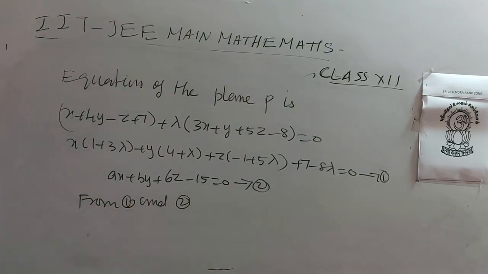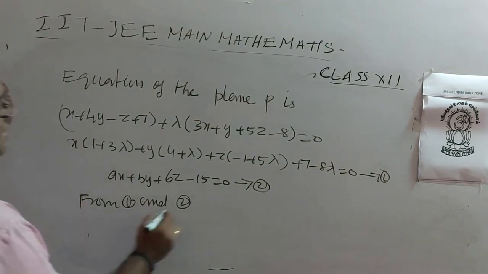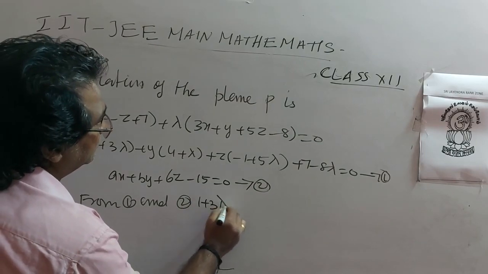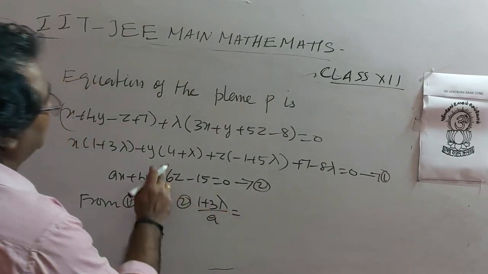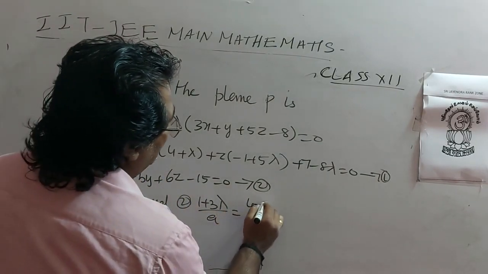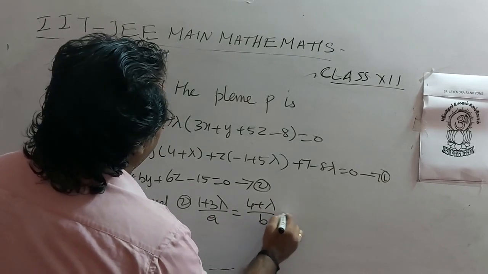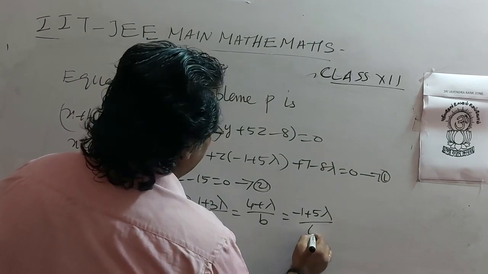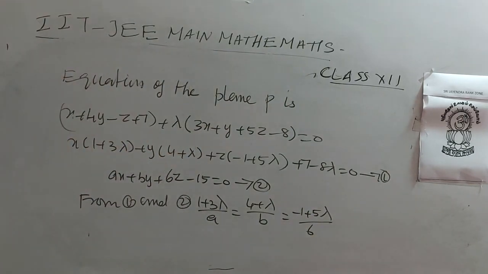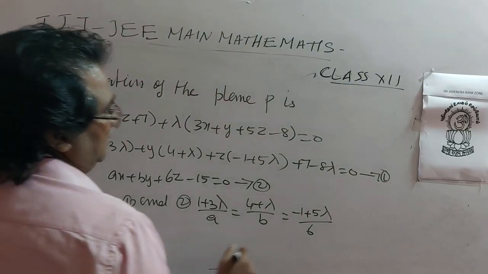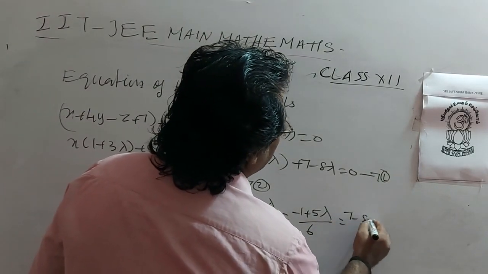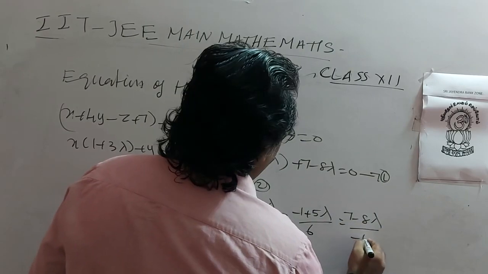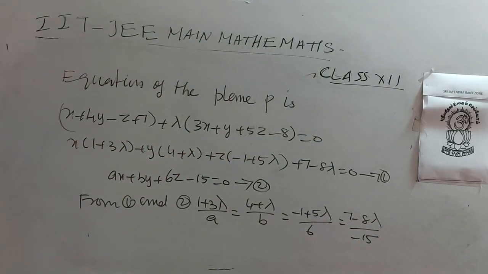From 1 and 2, here the coefficient of x is 1 plus 3 lambda, here a equal to that, 4 plus lambda by b, minus 1 plus 5 lambda by 6, and 7 minus 8 lambda by minus 15.